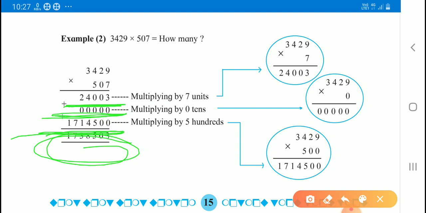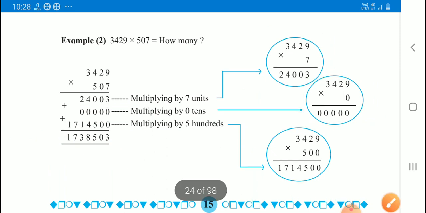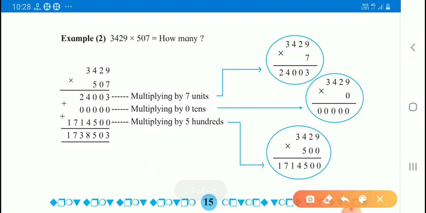Now here they given how to multiply separately by these all numbers, and if you will add all three numbers, then you will get the answer. That answer is 17,38,503 after adding this number, this and this.